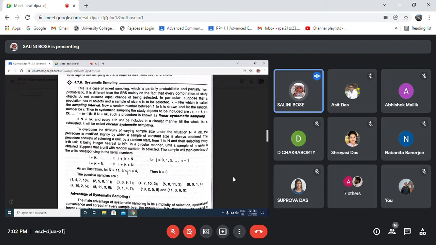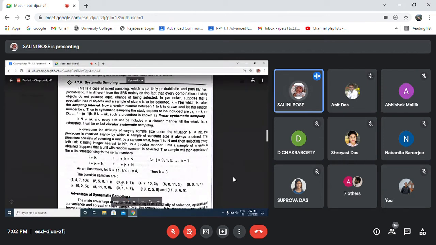So our k will be almost equal to 3. Clear? So if k is equal to 3, that means capital N is not equal to small n into k. Therefore 4 into 3 মানে আমরা জানি 12, but capital N is 11.